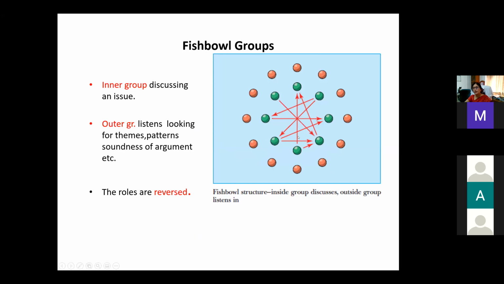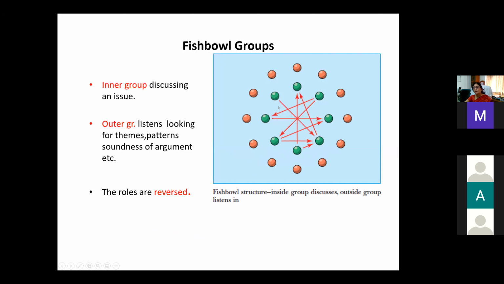Next is this fishbowl group. So usually when I take this lecture offline, we make an arrangement of the fishbowl group. That means the participants are divided into two groups. Like I just ask them to say 1 2 1 2. All number ones will be in the inner circle. All number twos will be in the outer circle.